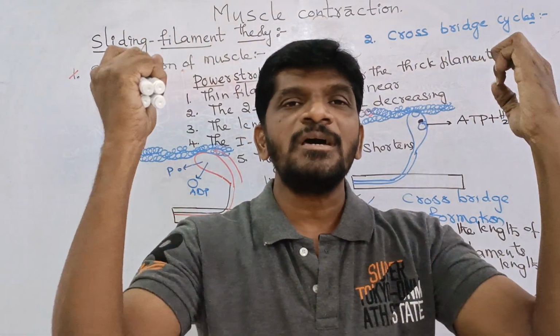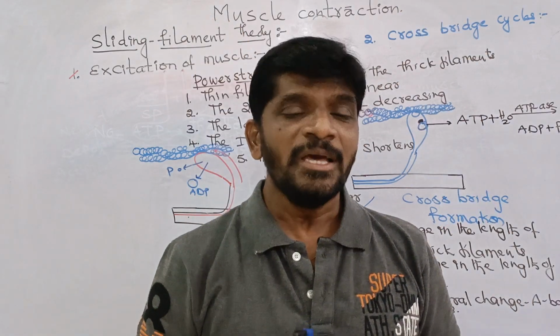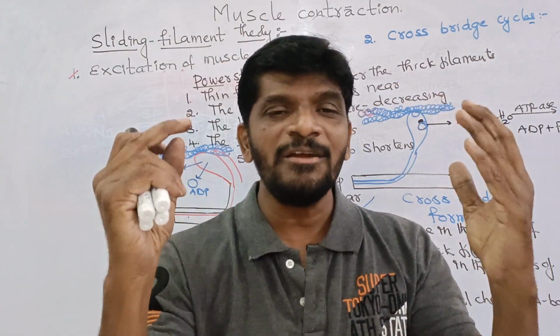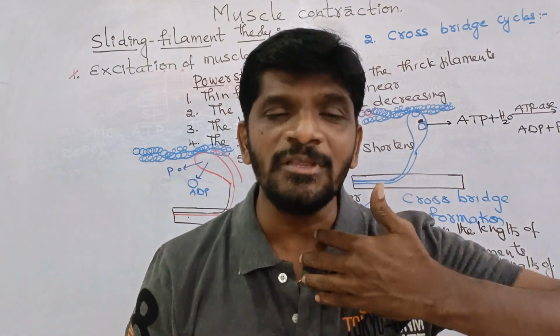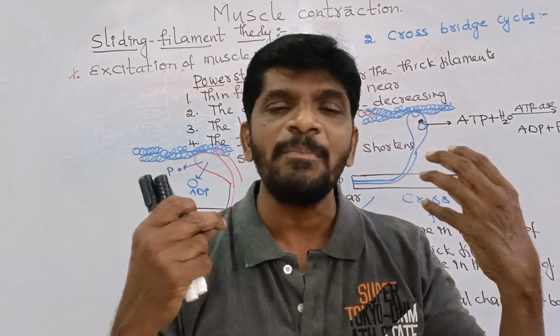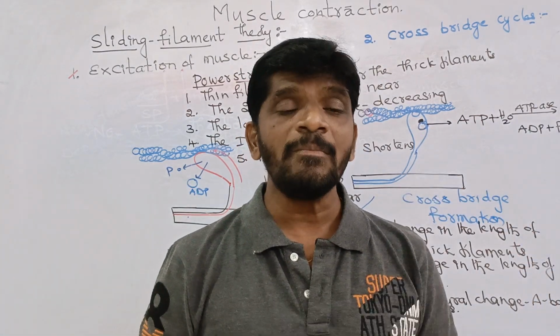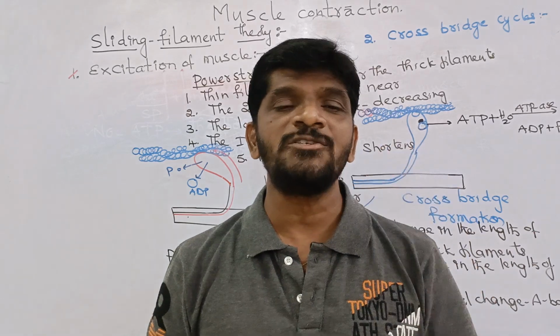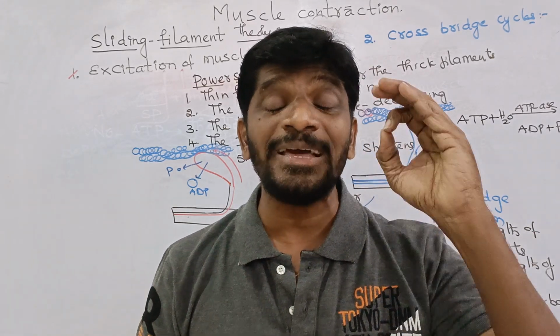When the two Z lines come near, the length of the sarcomere decreases. In such a way, the length of the I band also decreases. As the thin filaments gradually enter the H zone, it decreases, or in a powerful power stroke, the H zone disappears. But remember, there is no change in the thin filament, no change in the thick filament, and no change in the length of the A band.